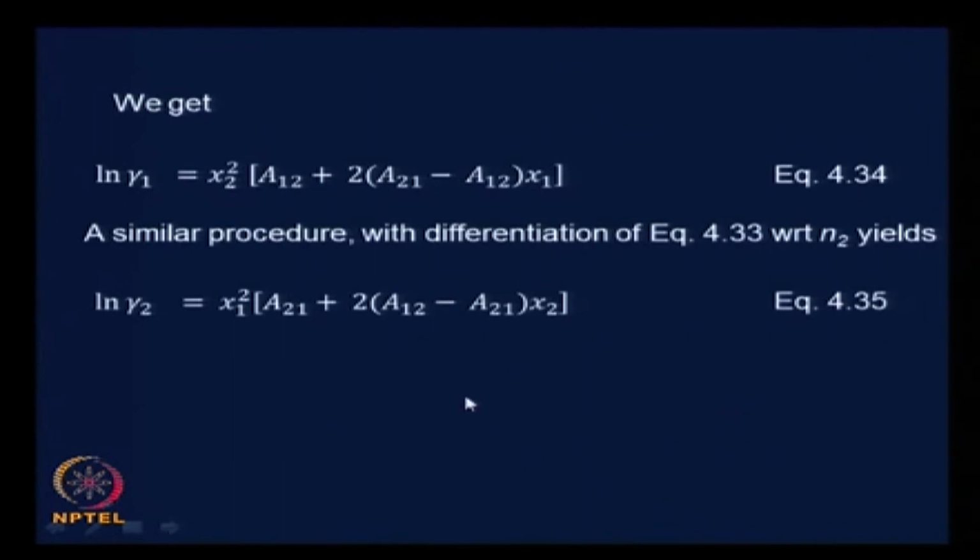Therefore, we have obtained a means of finding gamma 1 and gamma 2 using the Margules model. It is one of the early models which helps us find the activity coefficients here.